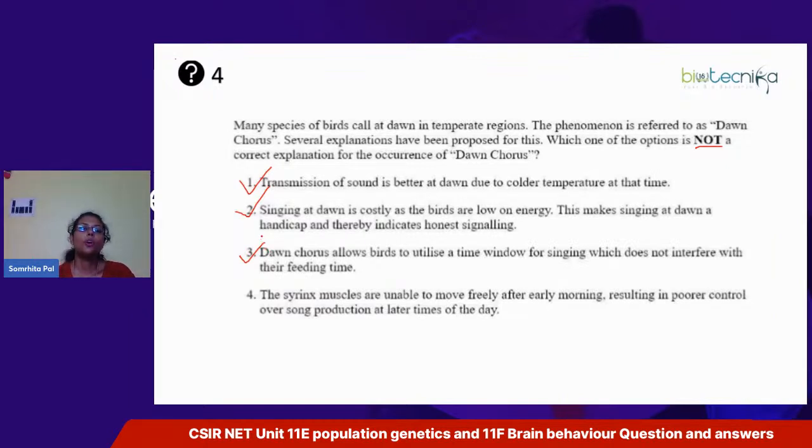Because at dawn the light is not sufficient for the birds to go foraging, that is, hunting or finding food. So in that case, they utilize that time to sing. Okay, singing means attracting the opposite gender.